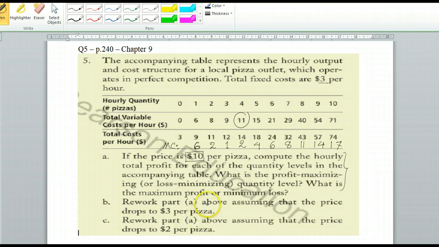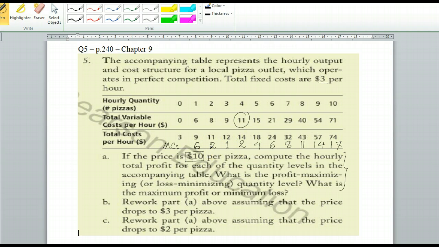Just like any rational person, this firm would keep on producing more and more as long as the marginal cost of production is less than or equal to marginal revenue. It will not increase the output to a level where marginal cost rises above the marginal revenue.